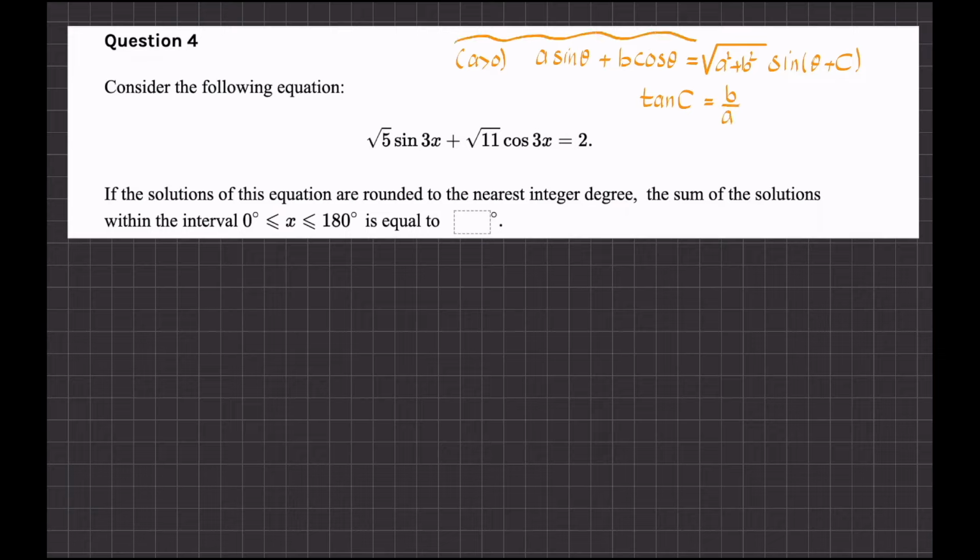So this is the suitable formula that you have in the formula sheet and is useful for this problem.